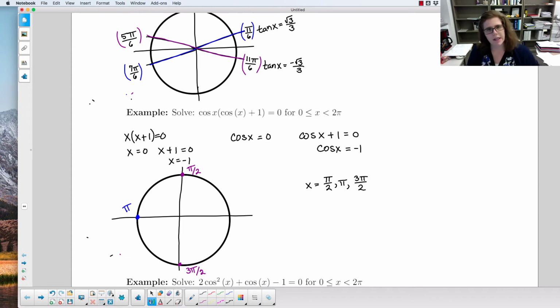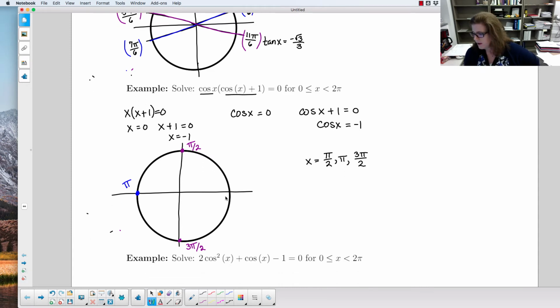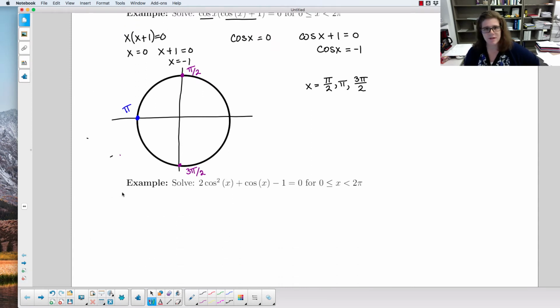Now this one was already in factored form, so you see that it was already factored out, cosine x times cosine x plus 1. Now they're not always given to us in factored form already. Sometimes we have to factor them. Now 2 cosine squared x plus cosine x minus 1 equals 0. If I am looking to factor that, most of the time for most of us it doesn't look nice and easy to factor when we have cosines or sines or tangent functions in there.